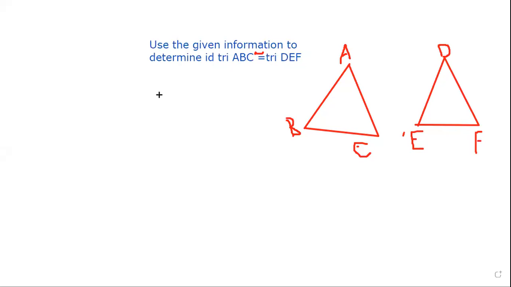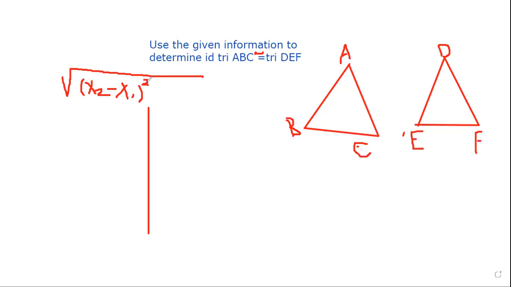We will use the formula to find the distance, which is the square root of x2 minus x1, all to the power of 2, plus y2 minus y1, all to the power of 2.